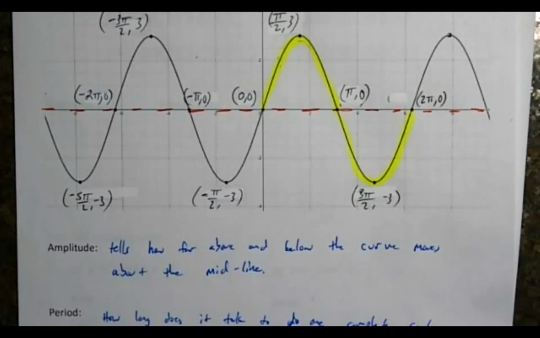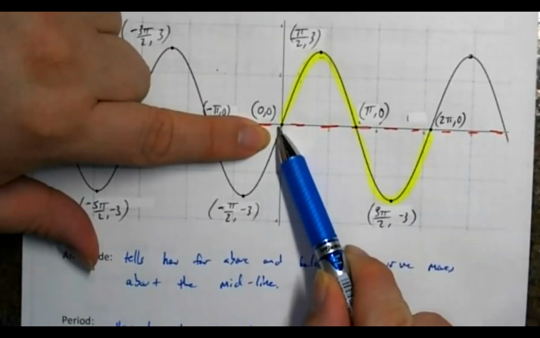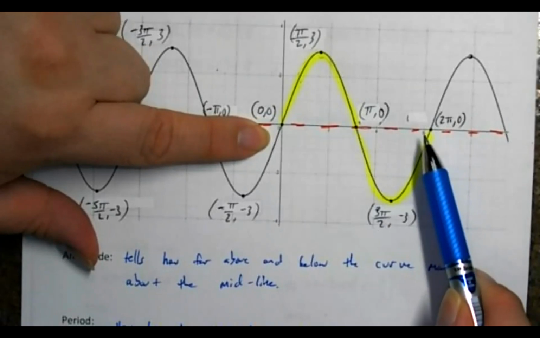The initial interval is where that first cycle, that first full period starts and stops. Tells you your starting point and stopping point of the first full period.